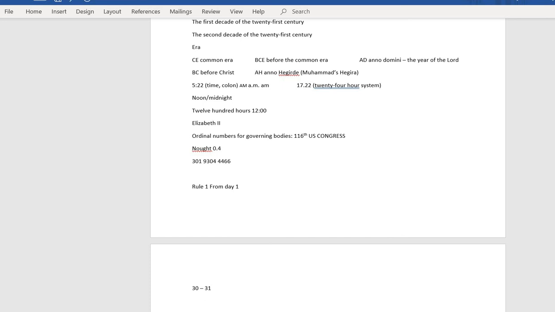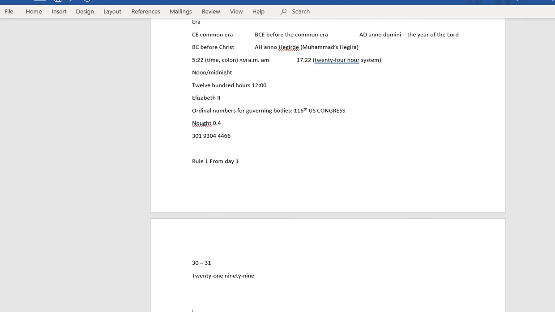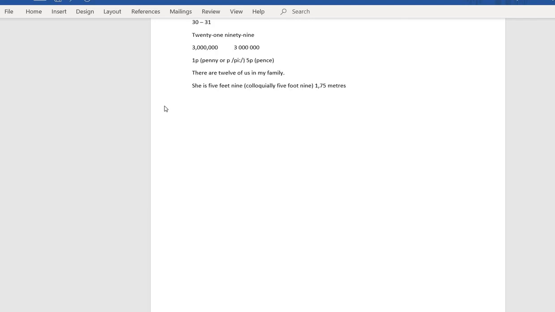And remember that from 21 to 99, numbers are hyphenated in English, right? Okay. Okay, so remember that we can use either a comma to separate three digits or simply spaces, right?